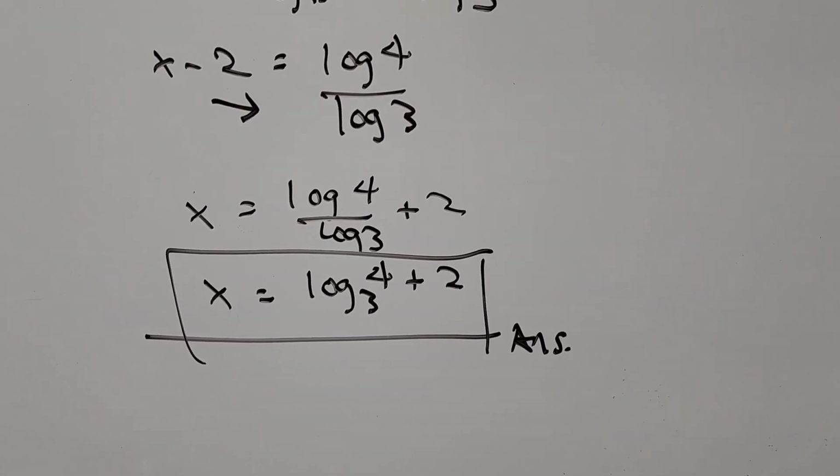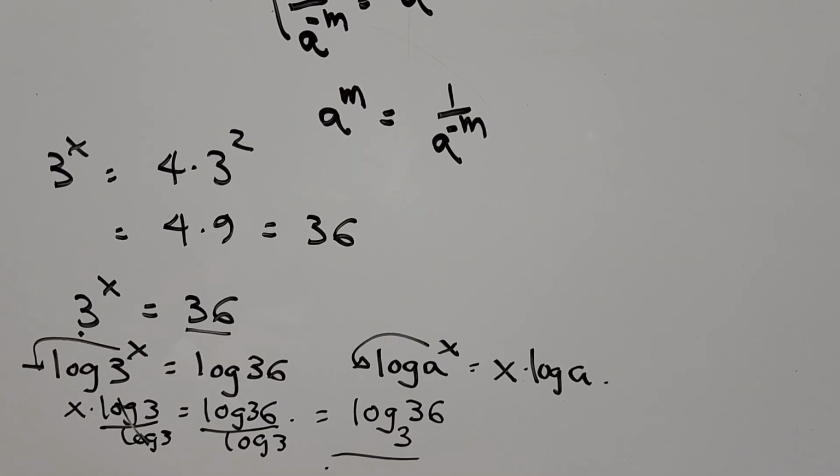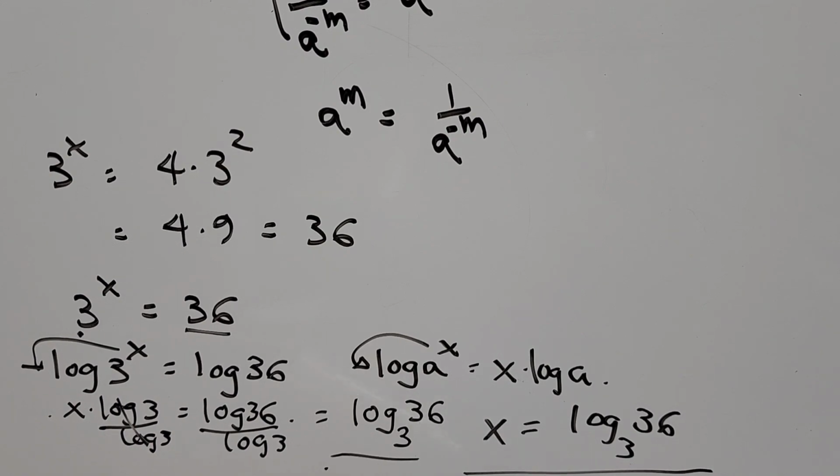Now you might be asking, how come the value of x in the second solution is different from the value of x from the first solution? From our first solution, we have x is equal to logarithm of 36 base 3. That's our first answer.